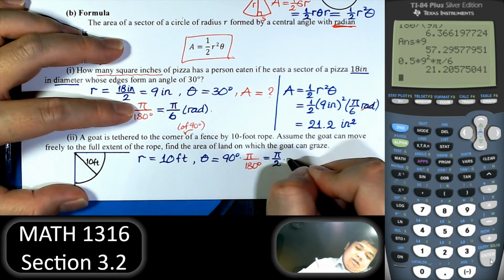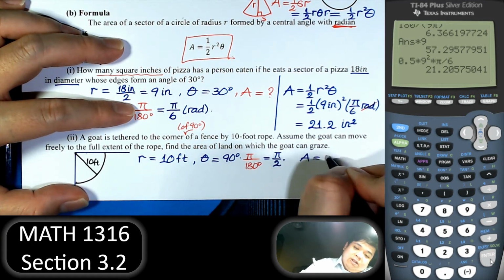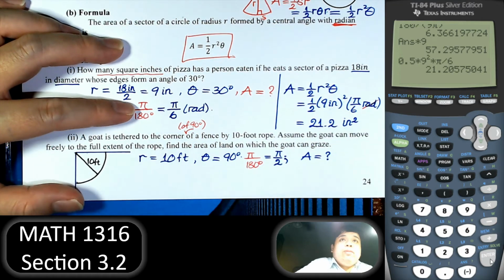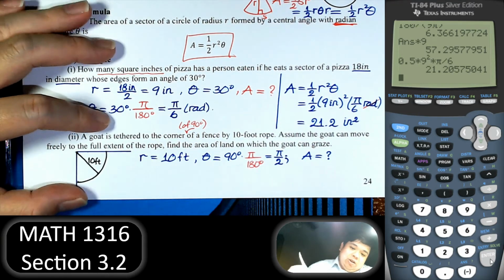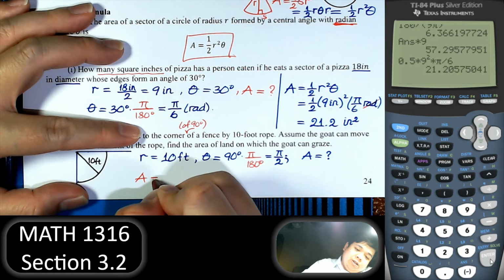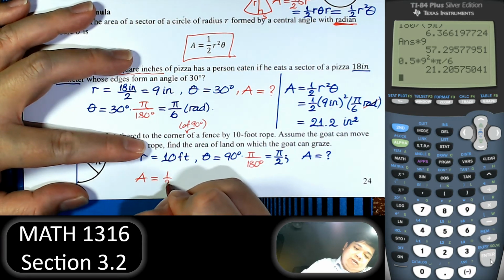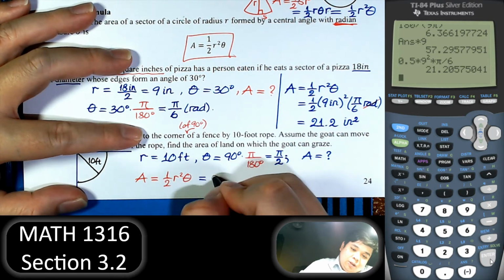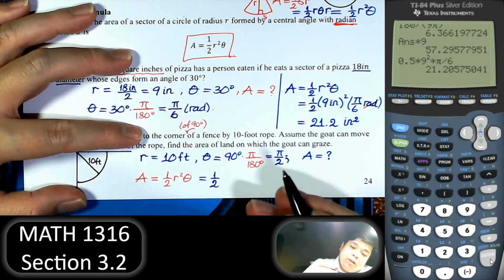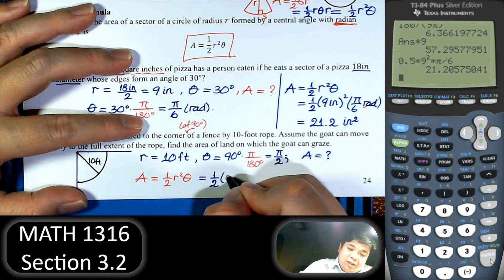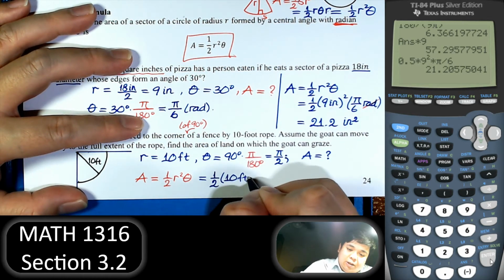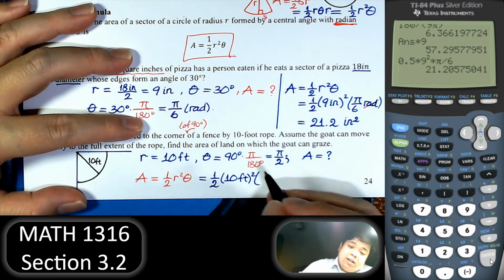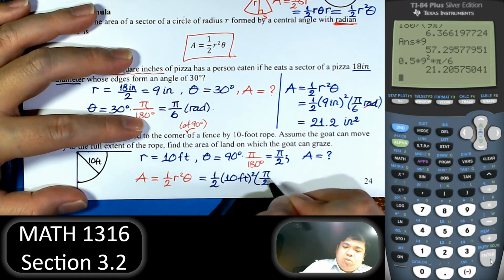And the question asks us for what is the area. Right. So the area is equal to 1/2 r squared theta. So if we just have 1/2, r is 10 feet, and theta is pi over 2 radian, or just pi over 2.